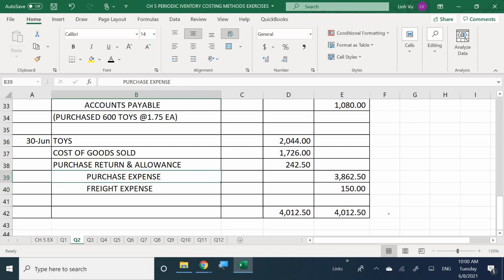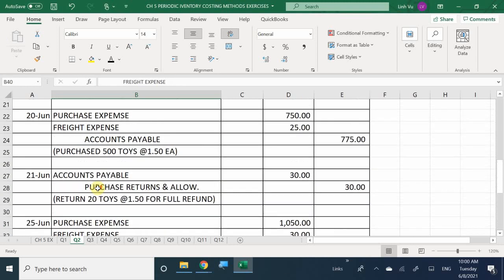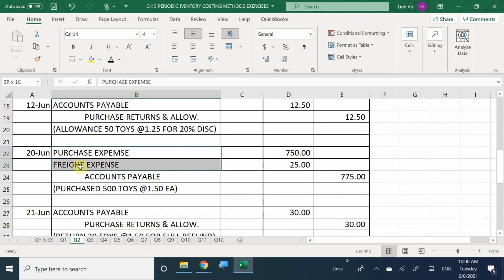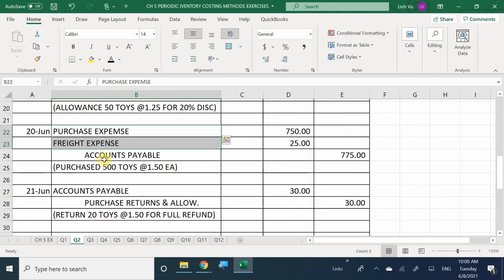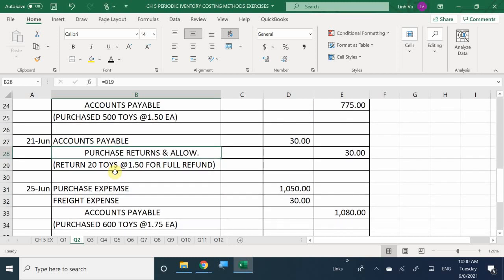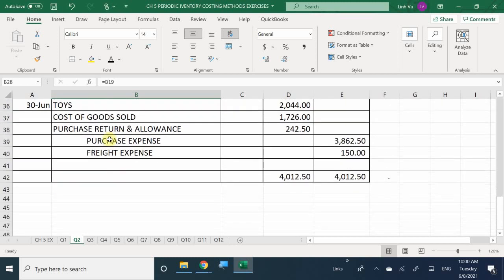The reason it's a debit is exactly how we journalized it originally. My purchases were all debit accounts, and my purchase returns and allowances were always credit accounts. Now that I'm making my conversion entry, notice this: I'm crediting my purchase expenses and my freight expense, and I'm debiting my purchase returns and allowances.